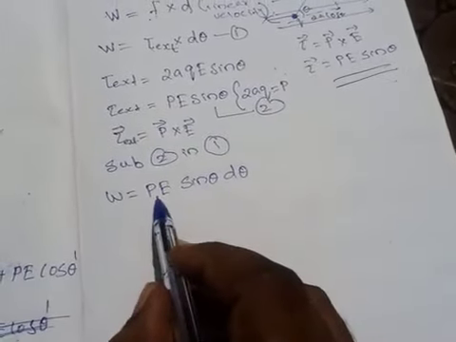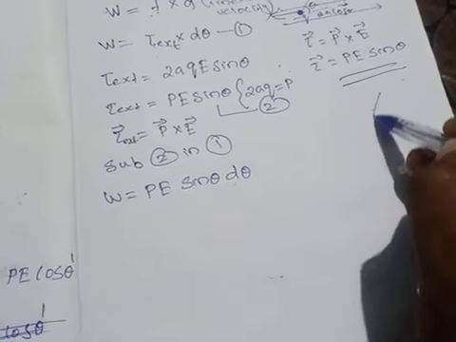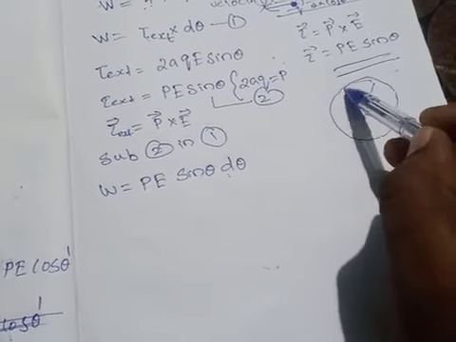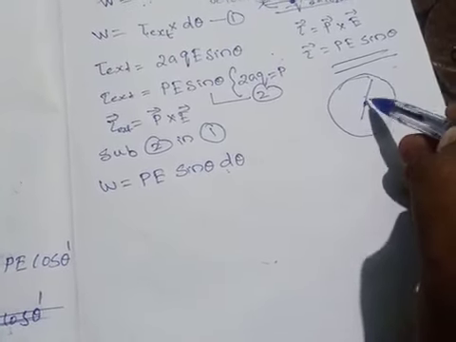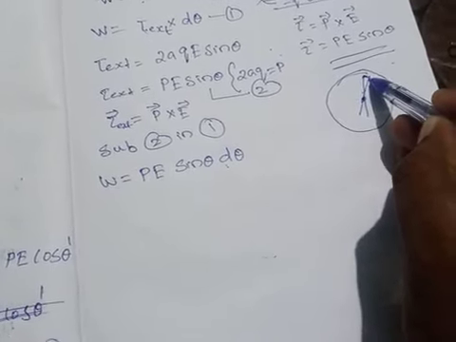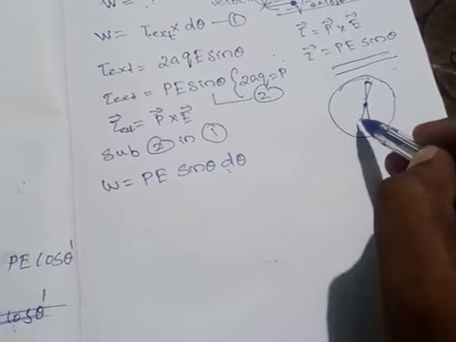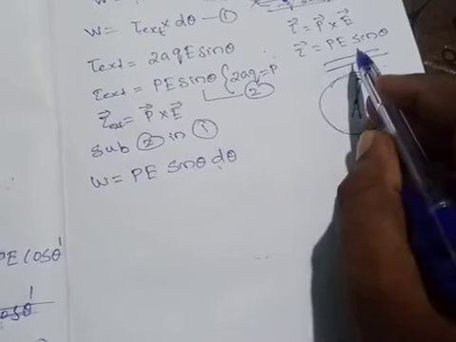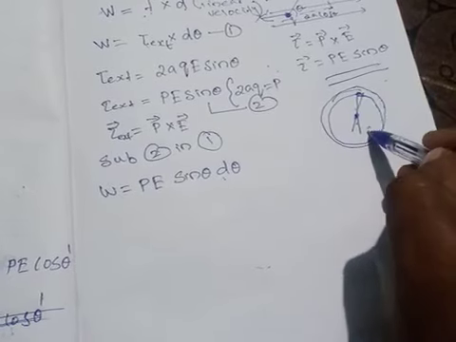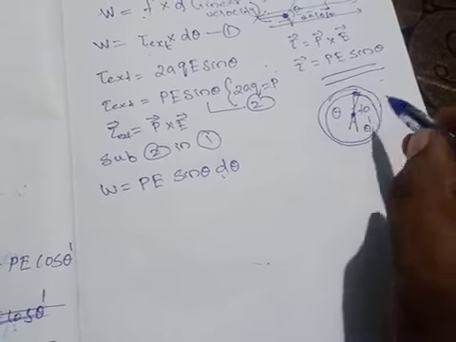Now this is the work done for only a small rotation, d theta, as the dipole rotates like this. But here we have to find the work done to rotate the dipole for the whole rotation, from theta dash angle to theta angle.